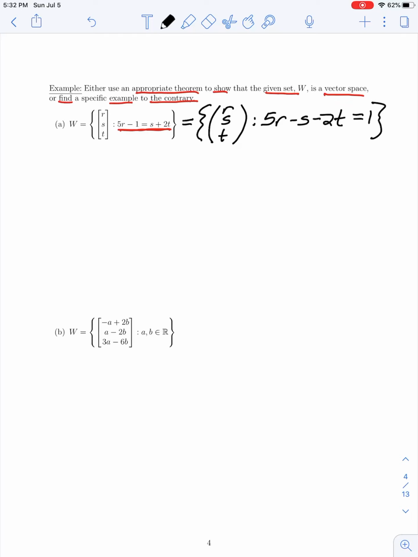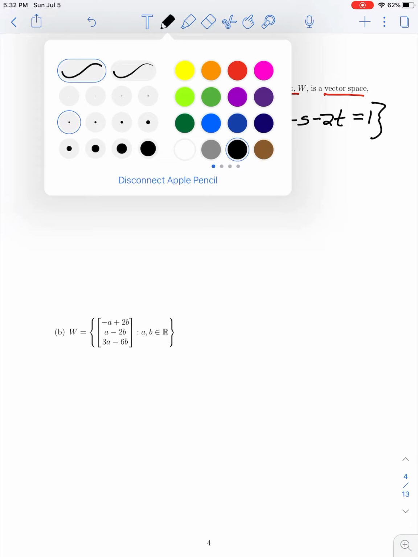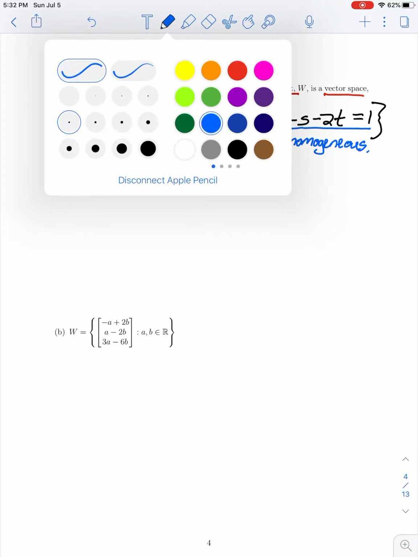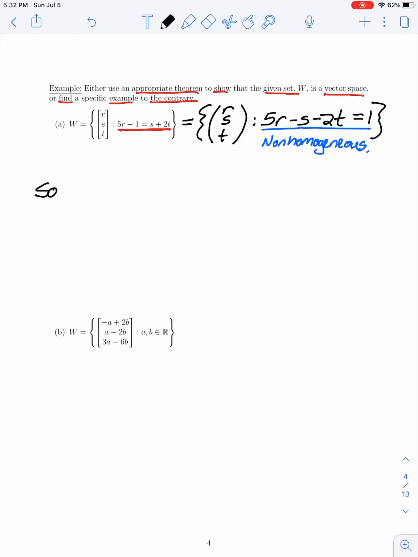So notice that the equation, this linear equation, which is defining the relationship among my components, is non-homogeneous. The solution set of that equation does not contain the zero vector. So here, the zero vector of R3, 0, 0, 0, is not an element of this set W.